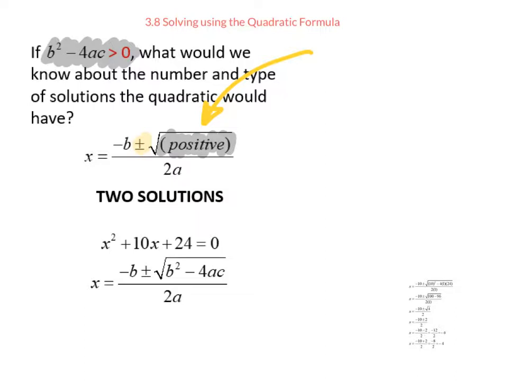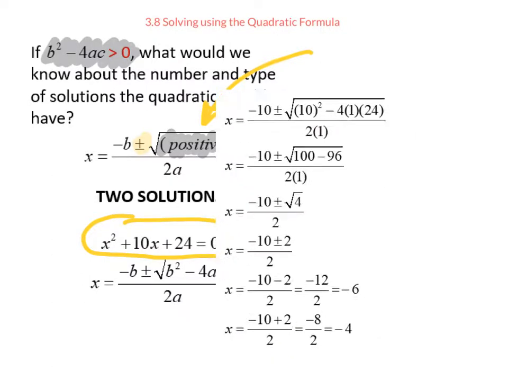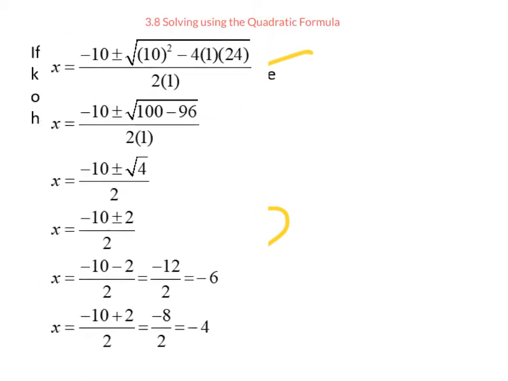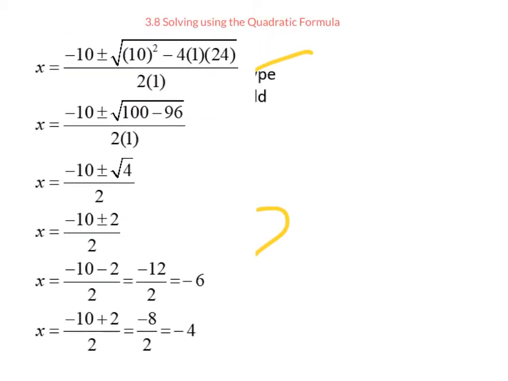If we were looking at a problem like this one, let's plug that in and see what it does. We see the values go in, the solving begins, we work our way down, and at this moment it's very obvious that we're invested in two answers.